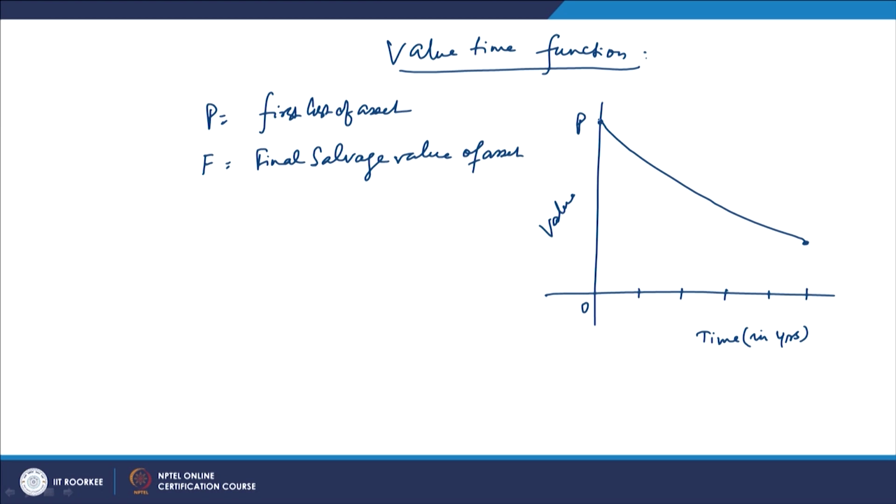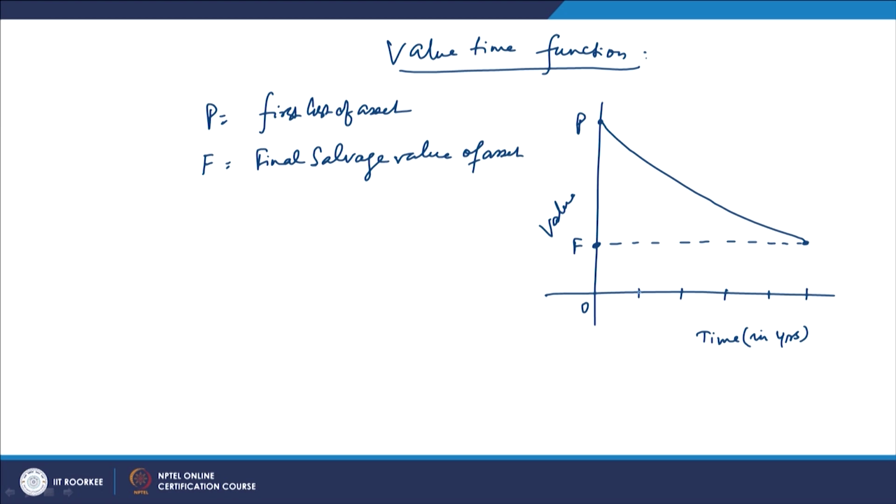Initially its value is here, and at the end of 5 years its value will be here, and this value is F. P minus F is the change in its value, and this is the total depreciated amount for this asset.